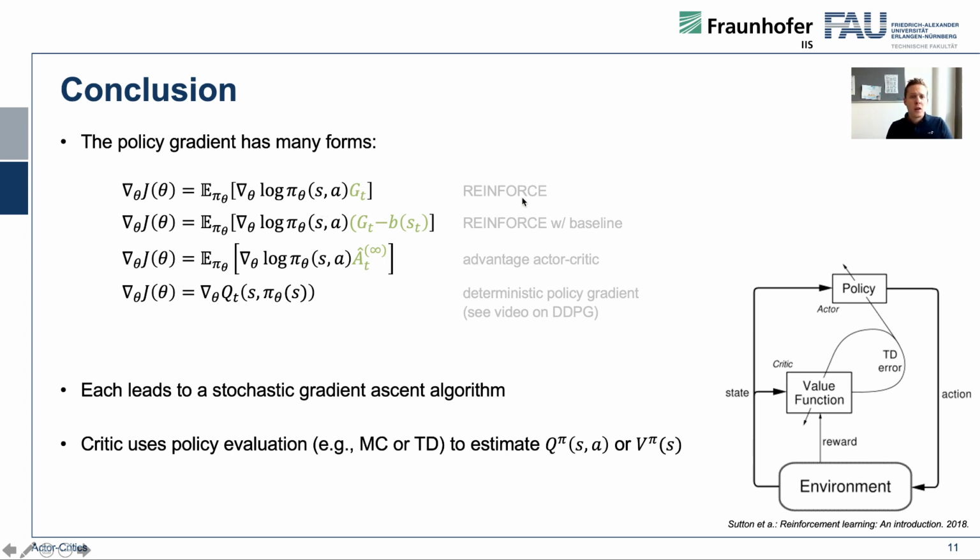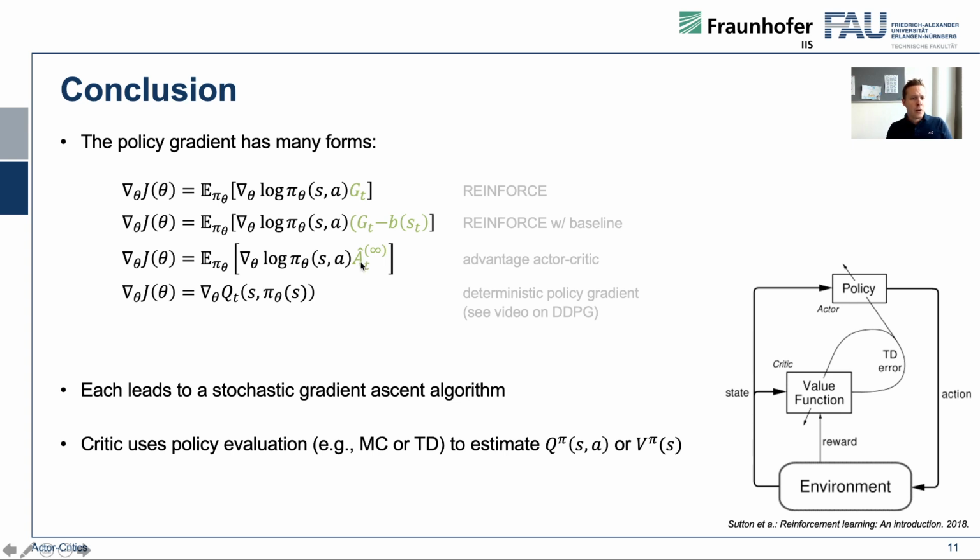In REINFORCE, our policy gradient was derived from the return of the episode. Then we introduced baseline functions, which helped us reduce variance, where we only used, for instance, the reward-to-go, or where we also subtracted a state value.